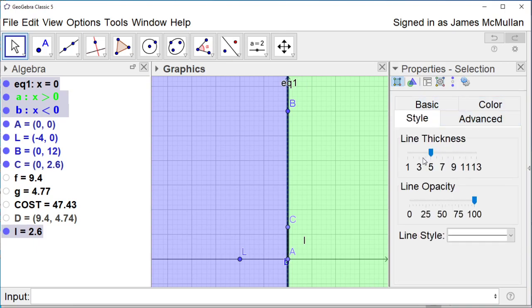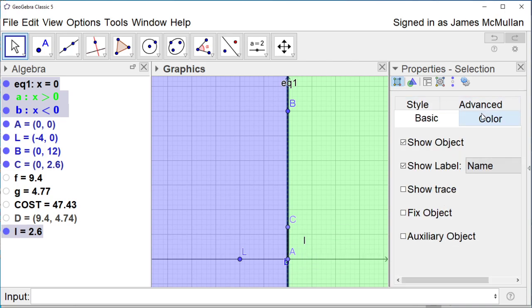I know that might seem strange. It might make more sense to make L connected from B to C. But I actually want someone in the class to try that and then compare it to the way I'm going to do it and tell me why one way is better than the other. I think I'll leave that as an open question. You can do it by making your variable from B to C. I just don't recommend it.